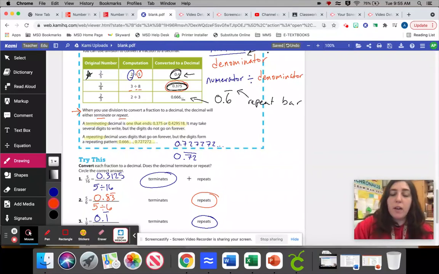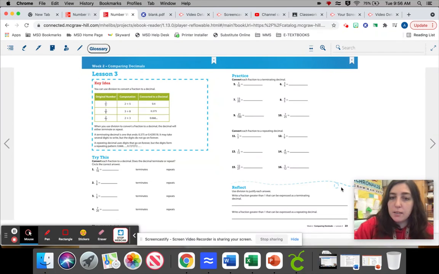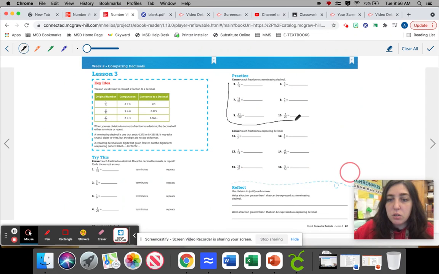All you need to do is divide the numerator by the denominator in our calculators and determine if it's a terminating or repeating decimal. Go ahead and move to page 23 in your purple workbooks. In the practice, you need to convert each fraction to a terminating decimal in this group.